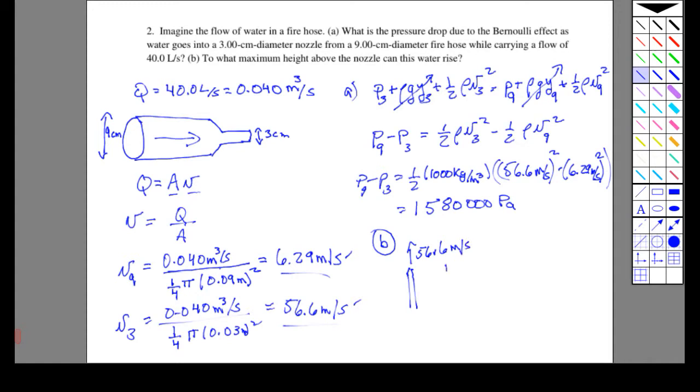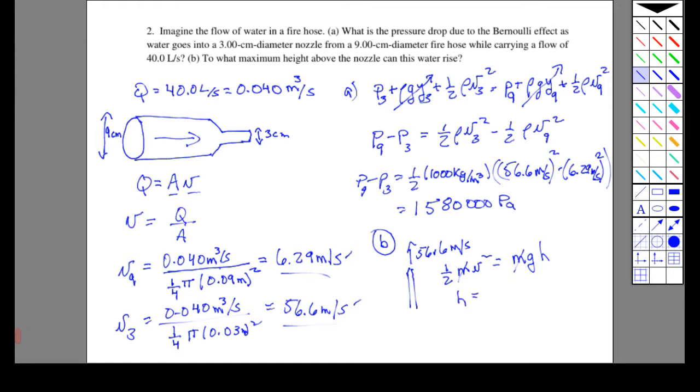So we have 1/2 mv squared, that's the kinetic energy, is equal to the potential energy. So all that kinetic energy gets converted to potential energy. So that's equal to mg times the height. If you look at this, the masses cancel. And so we can solve for the height.